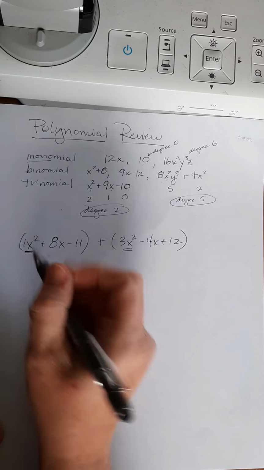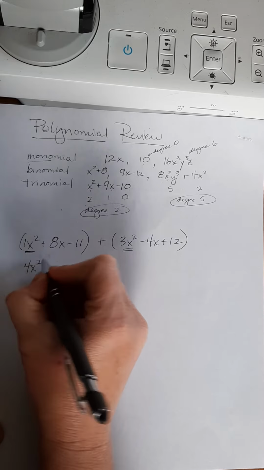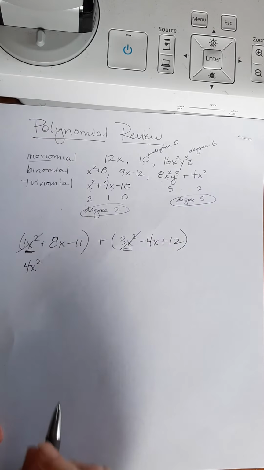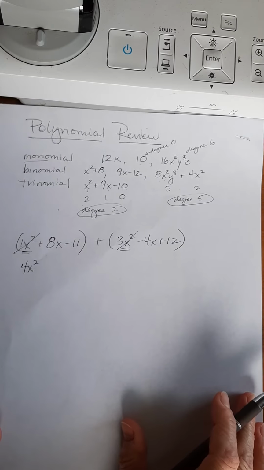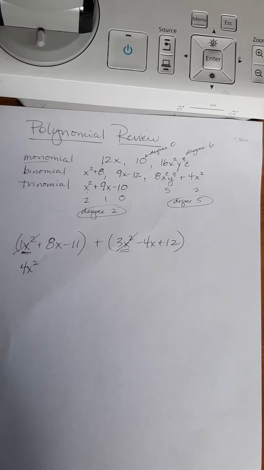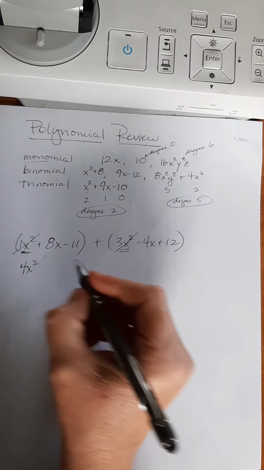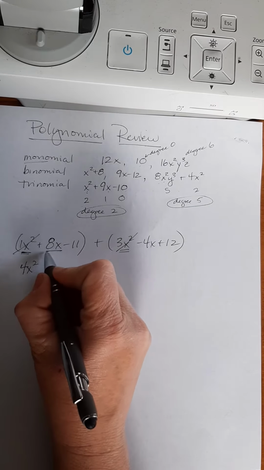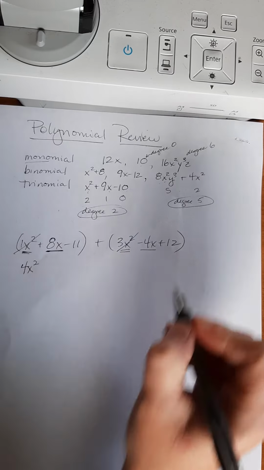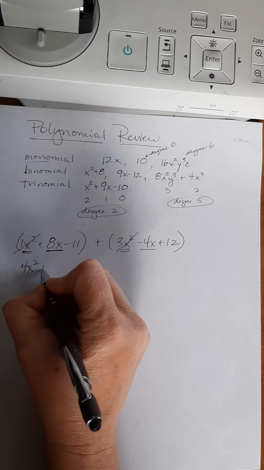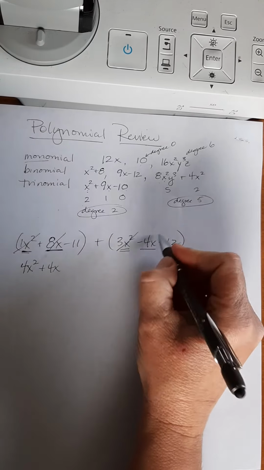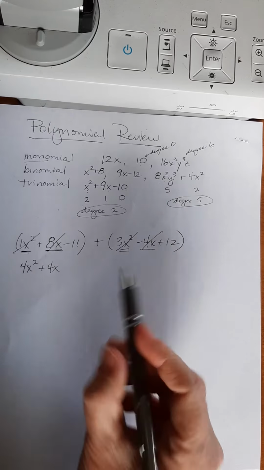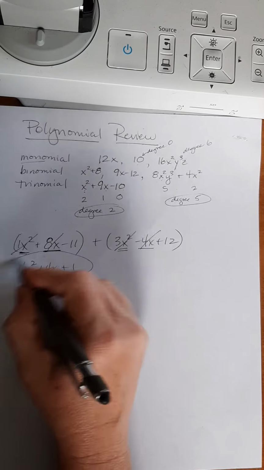So 1 plus 3, 4. And I always cross them out, because if it's a messy one, that way you can tell, hey, I skipped one, I should have included this. It's just a good, helpful hint for you. So then I just keep on going left to right. I got an 8x minus 4x plus 4x. Negative 11 and 12, positive 1. And you're done.